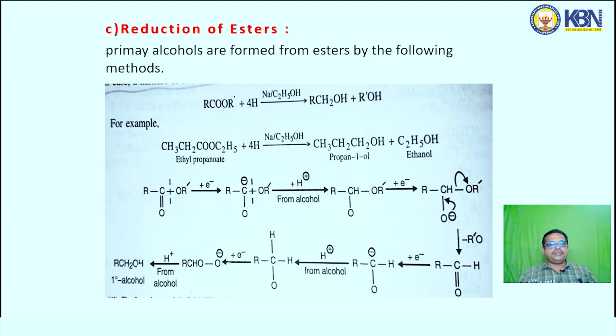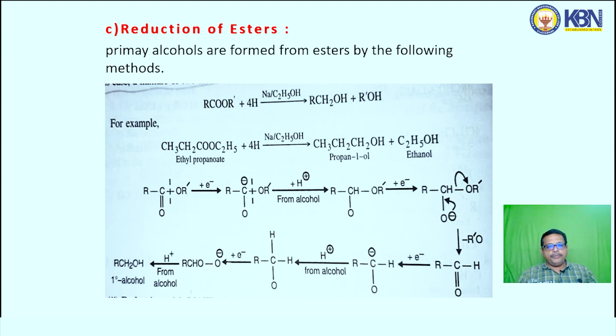The next one is reduction of esters, preparation of alcohols from esters. Usually, primary alcohols are formed from esters by the following method. In the general reaction, the ester when treated with sodium and ethyl alcohol will give alcohol.